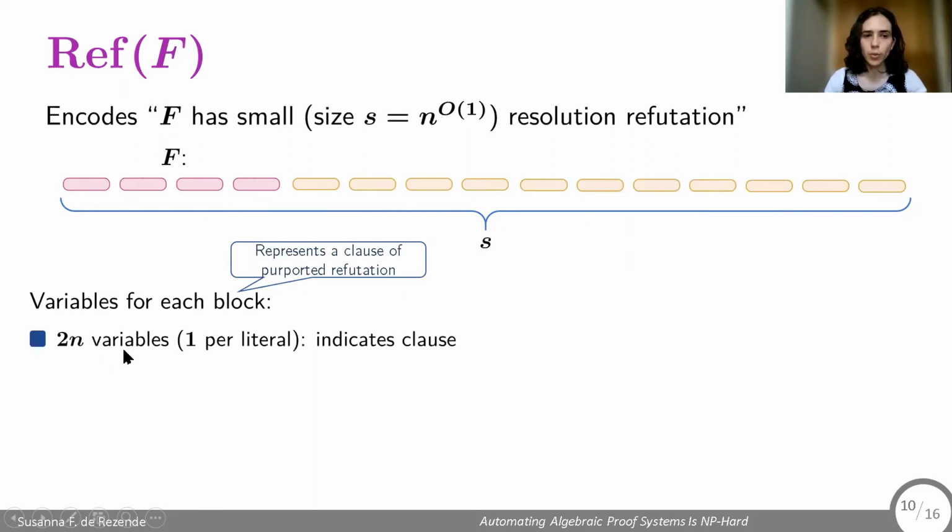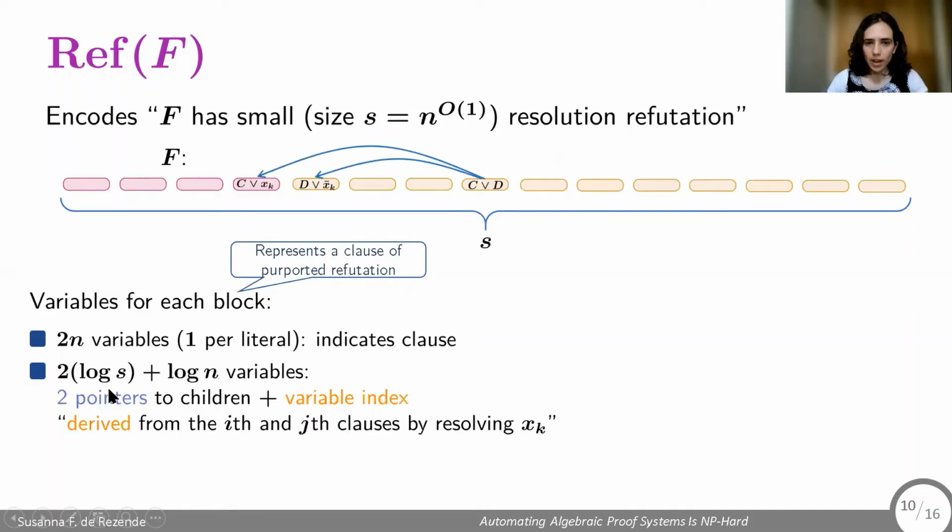And we'll have 2n variables for each block saying what is actually the clause in this position. So it's 2n because it's 1 per literal. So I'll have a variable for positive literal, negative literal. So if the variable for the literal not x2 is set to true, then we know it is in the clause. If it's set to false, it's not in the clause.